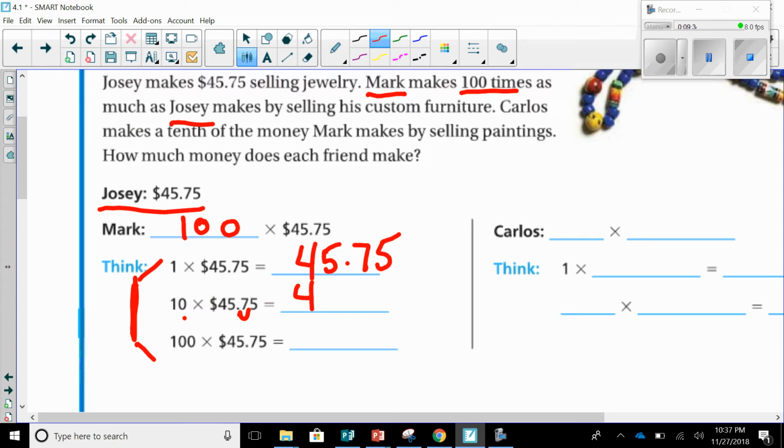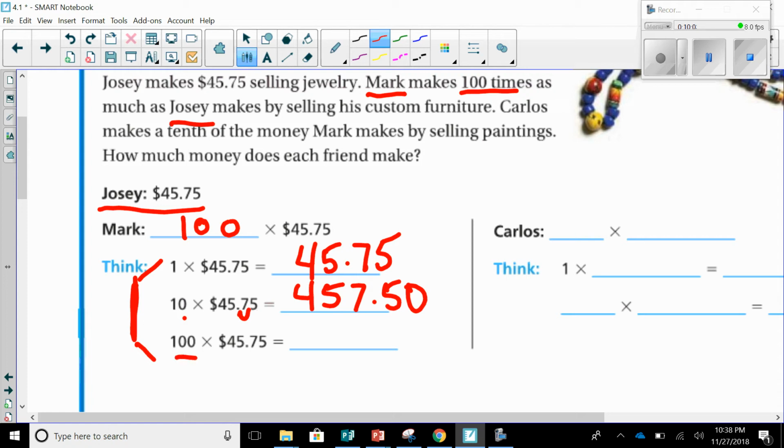That leaves me with $457.50. If I'm talking money, I'm going to add that 0 to show me that it's 50 cents. I wouldn't want to just leave it as a 5, my personal opinion. If it makes sense to you and you're fine with just the 5, then I'm fine with that. I would not count that wrong on a paper, unless it's your final answer and it's asking for money, then I would add the 0.